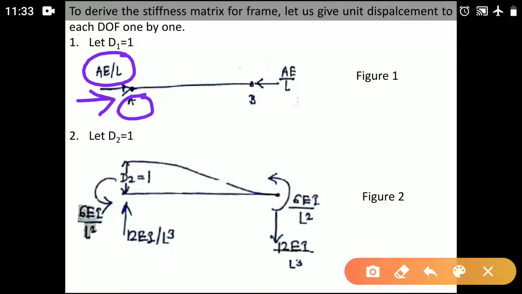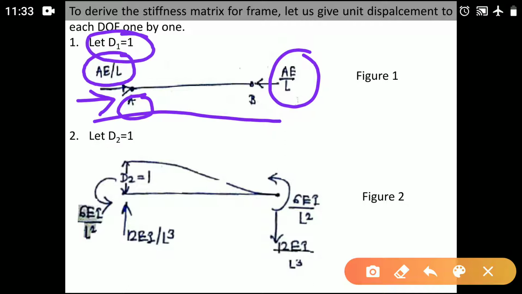That stiffness is AE upon L in right direction, and at node B another stiffness, AE upon L, in opposite direction, that is in left direction. So this is figure 1 for D1 equal to 1.